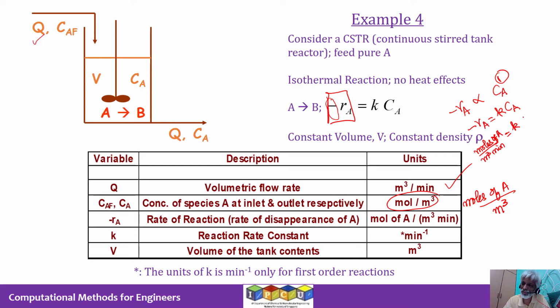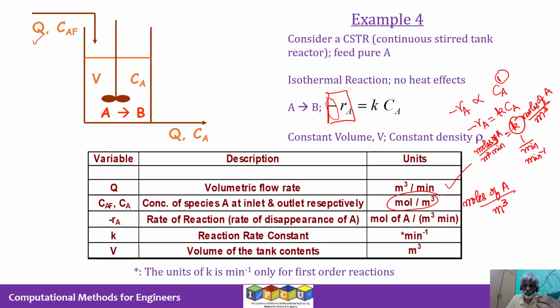CA we know has units moles of A per meter cube. Therefore, K for a first order reaction alone should have units of 1 per minute or minute inverse. So for a first order reaction, K's units is 1 per minute or minute inverse.